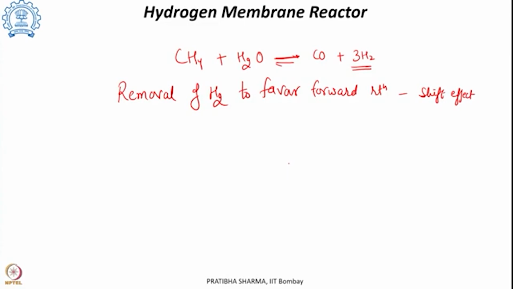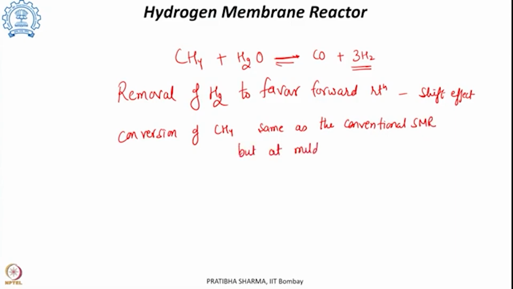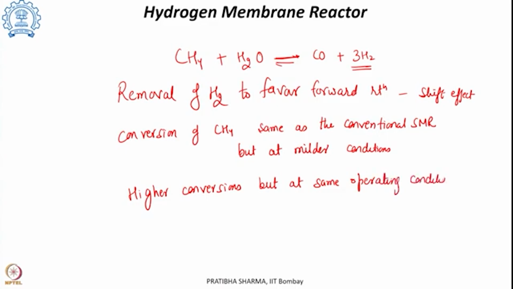Now, there can be two ways. Either it can allow conversion of reactant, that is conversion of methane, which is the same as the conventional SMR, but at milder conditions of operation, or it is possible that we can have higher conversions but at the same operating conditions as that of conventional SMR.